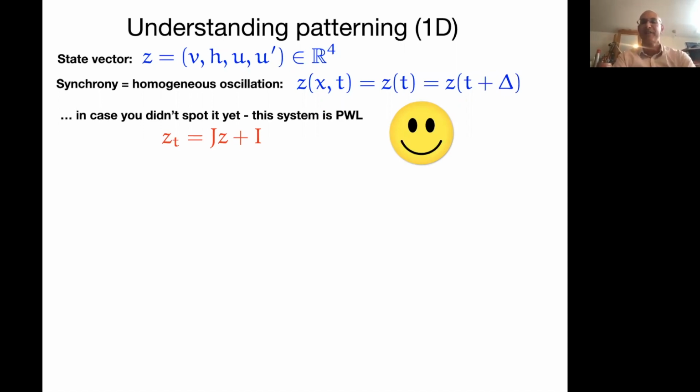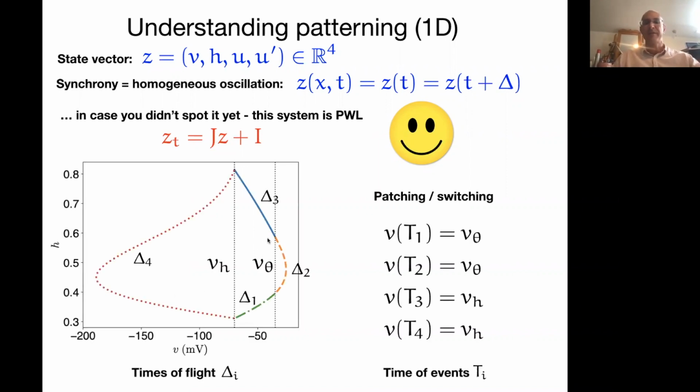I've deliberately constructed this model so that everywhere I look in phase space, I've essentially got a linear dynamical system. And I can use everything I actually learned at school when I was about 18 to study this system. Okay, so all my state variables evolve according to some sort of matrix vector system, where J here is a 4x4 matrix, but I know what it is. Okay, and I is some sort of drive, but it will allow me to ponder the construction of periodic orbits.